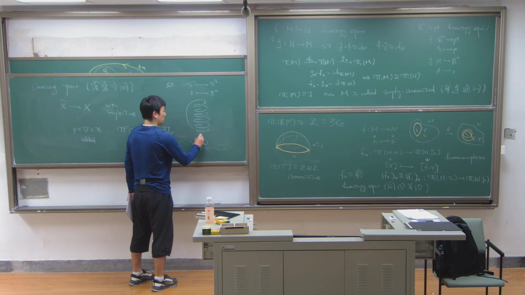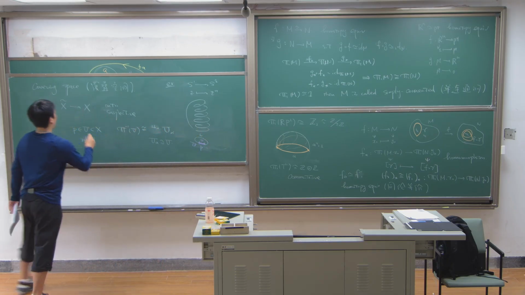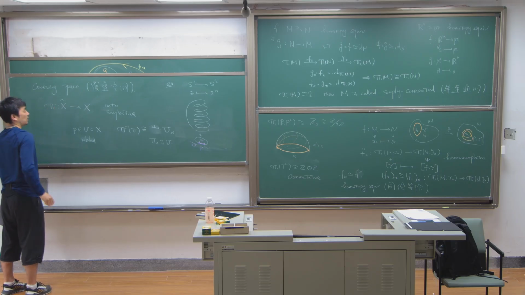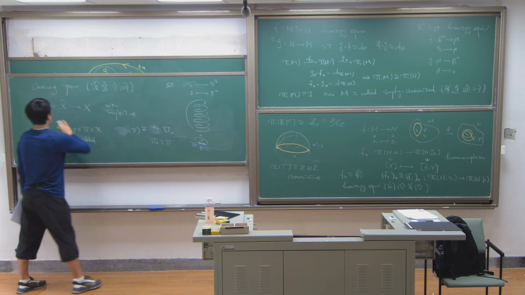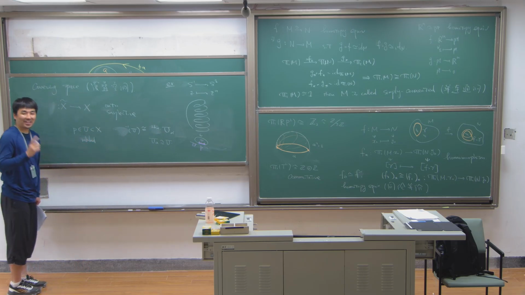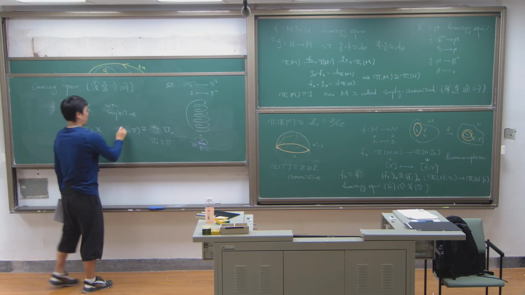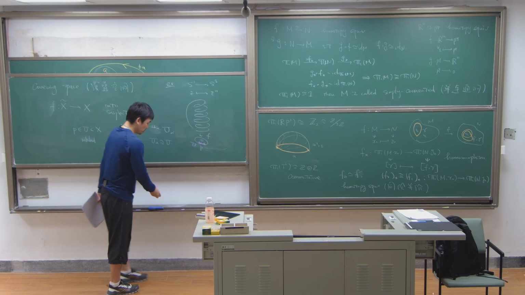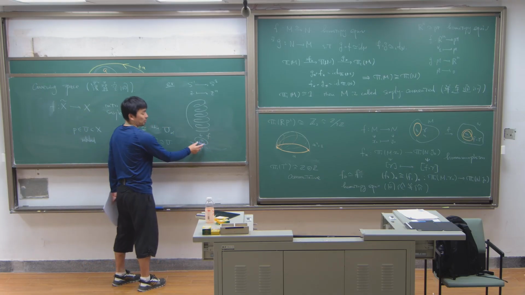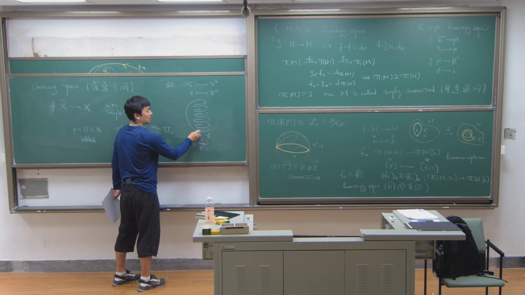And this is a map, sorry, this is map f. It's better not to use pi because I use pi for the fundamental group. P is a point. This is f, and the preimage of U is just these parts.